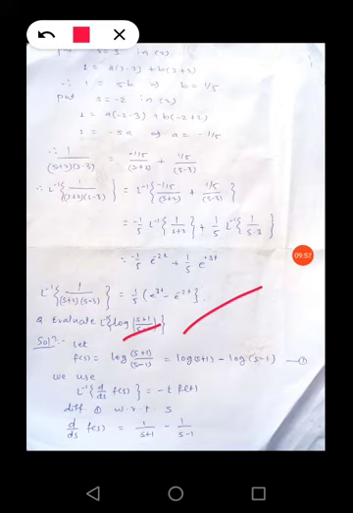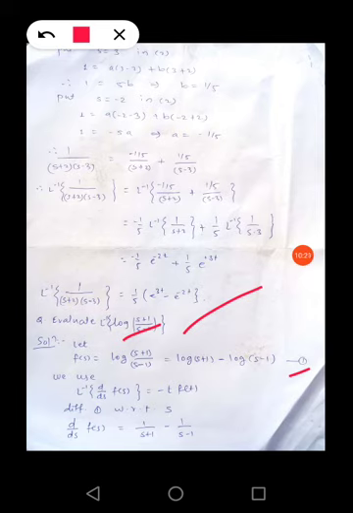As we have seen that log a by b is equal to log a minus log b, therefore we have written f of s as log s plus 1 minus log s minus 1. So name this as equation number 1. Now we use the first property, L inverse d by ds f of s is equal to minus t into f of t.